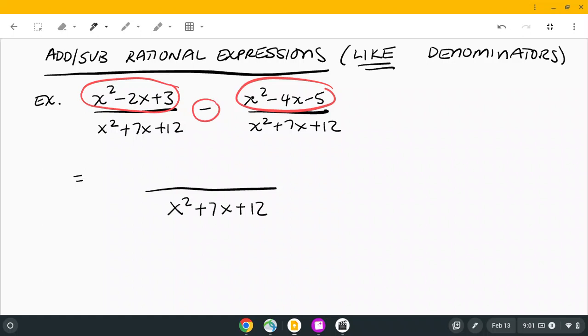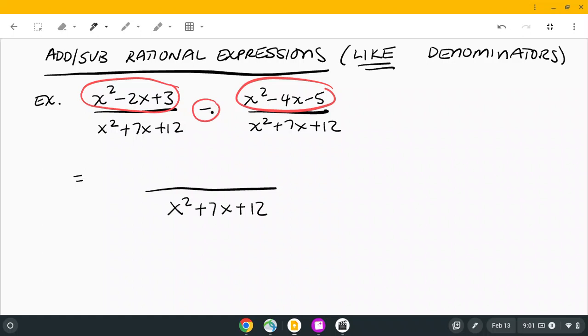X squared minus x squared is 0, okay? But I don't have to write 0. Okay, and then here you're doing negative 2x minus negative 4x. Minus negative 4x is positive.